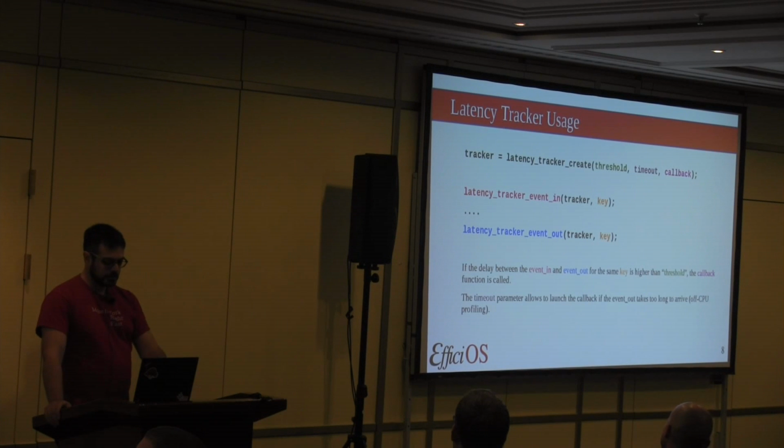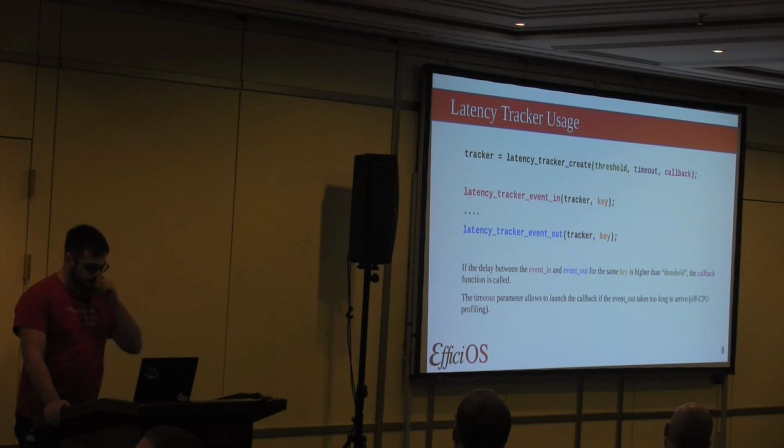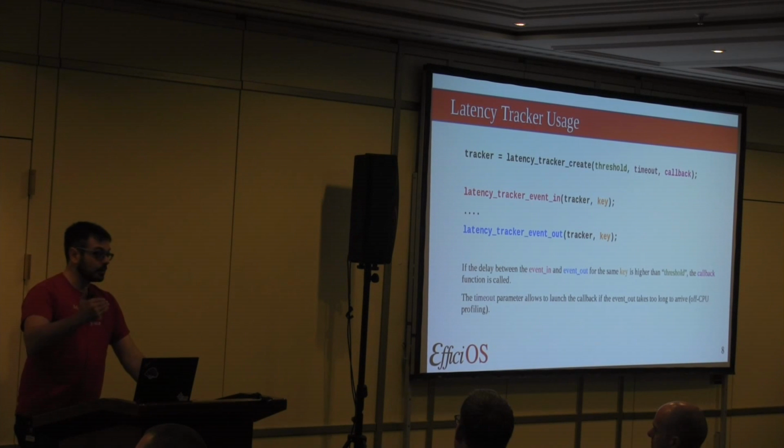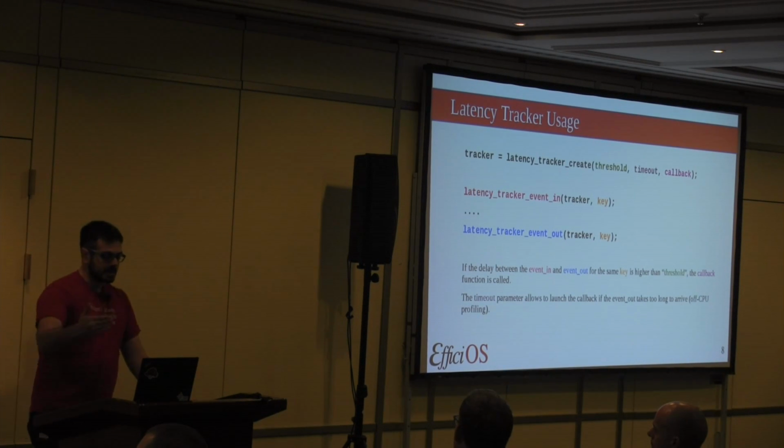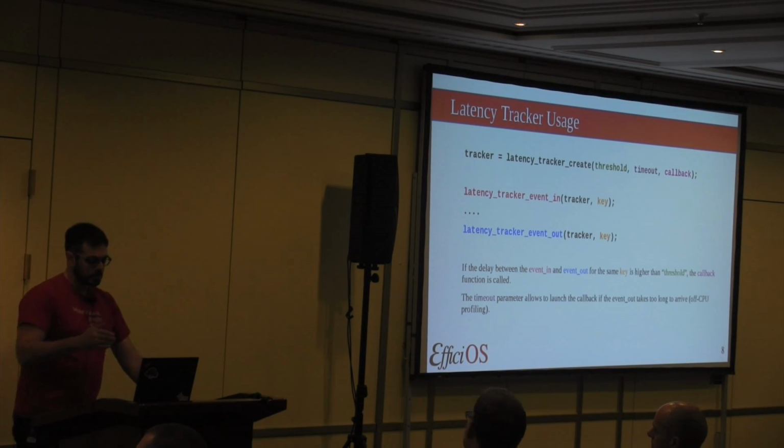The threshold is specified when you create the tracker. We also have a timeout parameter. If there's been an in event but no out event after a specified timeout, then we are going to remove the entry and call the callback.